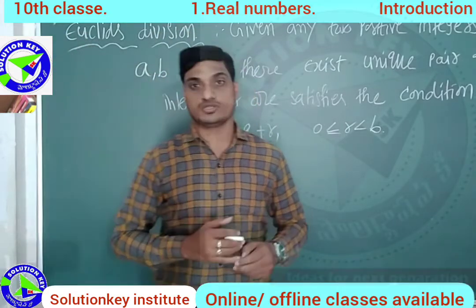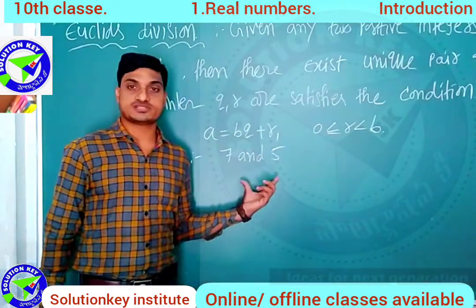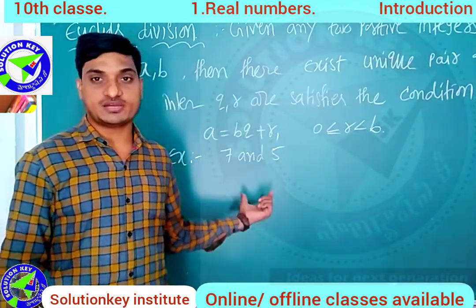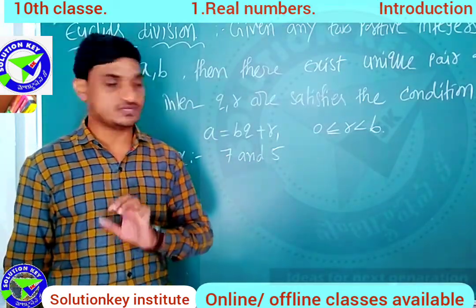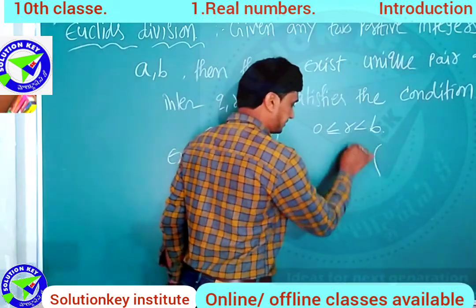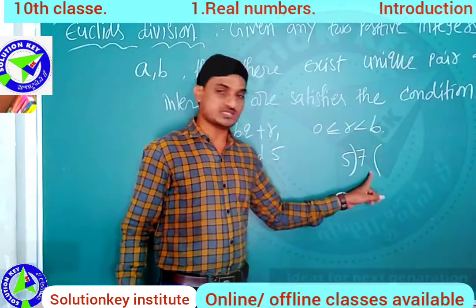How to do the process? See this, for example 7 and 5. How to find the HCF of 7 and 5? First, the biggest number goes in the middle and the smallest one on the side. Divide the biggest number by the smallest number.